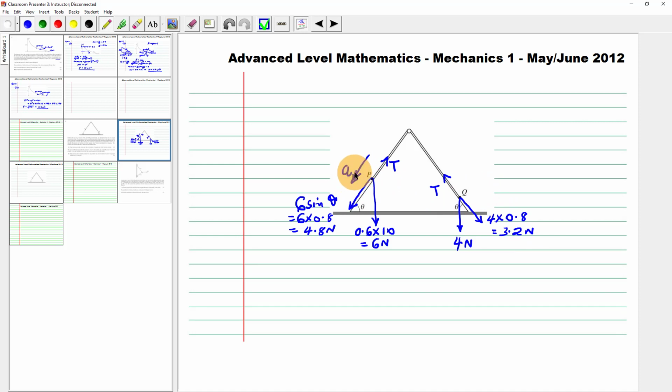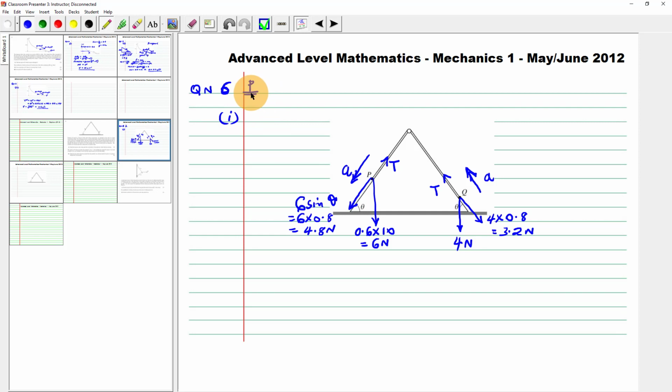This will be the acceleration, and for Q, it will be up the incline. So the acceleration will have the same magnitude, but here it will be down the incline, here it will be up the incline. Because P is accelerating, first of all, I forgot to write this. This is question 6, part 1.